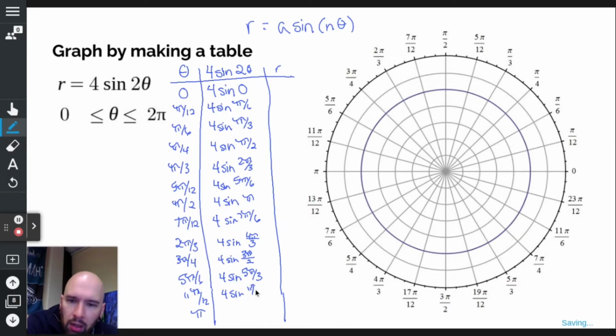And 2 times pi is 2 pi, which is the same as 0.